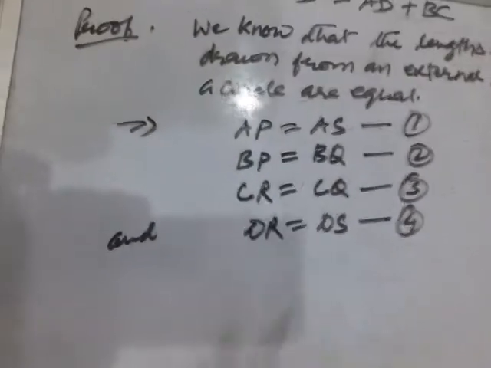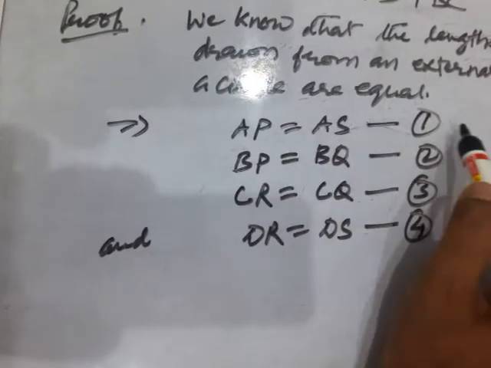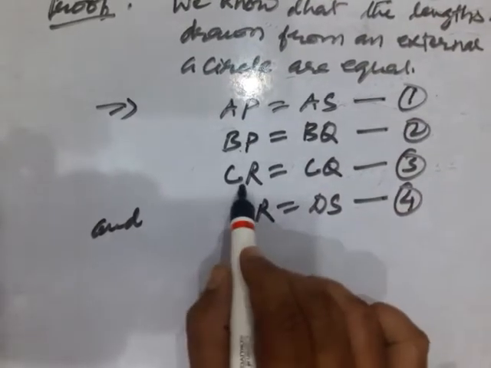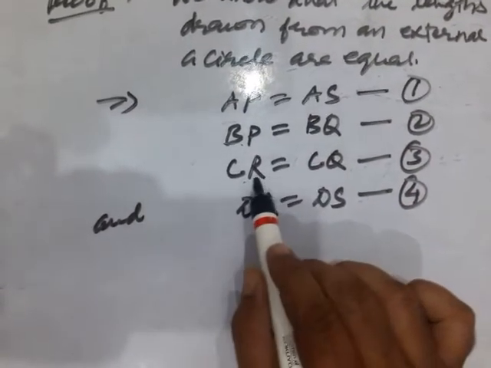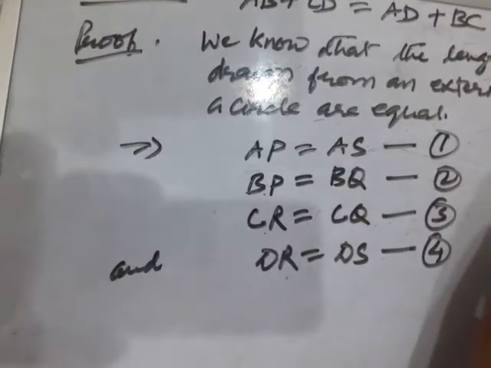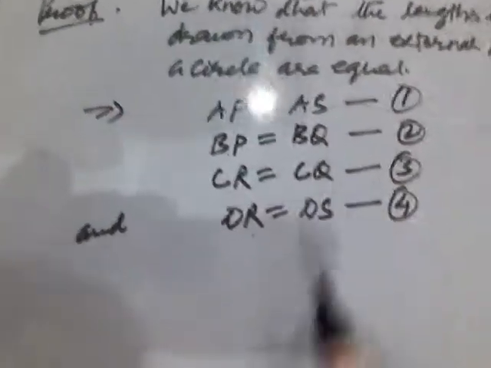Okay children, see here each and everything. If A is the external point, then AP equals AS. If B is the external point, then BP equals BQ. C is the external point, then CR equals CQ. DR equals DS. Why? Because the lengths of tangents drawn from an external point of a circle are equal.